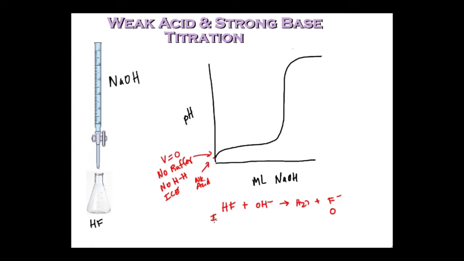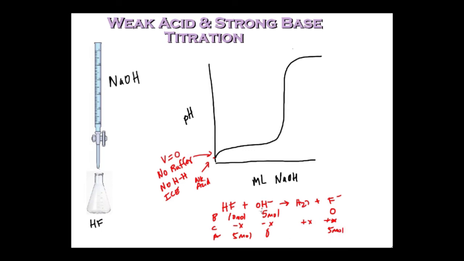If I use the BCA table here, let's say, to make it easy, that this is 10 moles here. If I originally add 5 moles here, this is going to go down by x, this is going to go down by x, this is going to go up by x, and up by x. Well, this is going to run out and go to 0. Isn't this going to go to 5 moles here? And this is going to go to 5 moles.